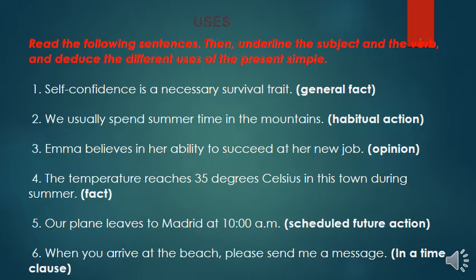In my opinion, Emma believes in her ability to succeed. So here, Emma is the subject and believes is the verb. As you can see, Emma is a singular subject, so that's why we added s to the verb. So the third use of the simple present tense is to express a certain opinion.